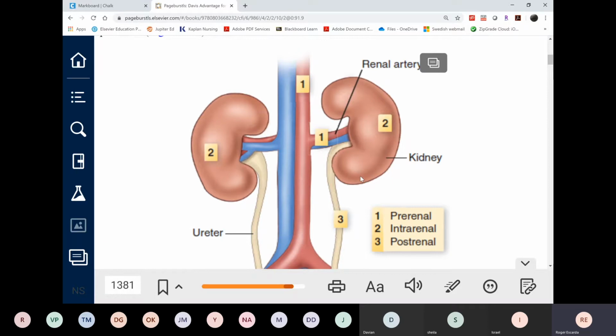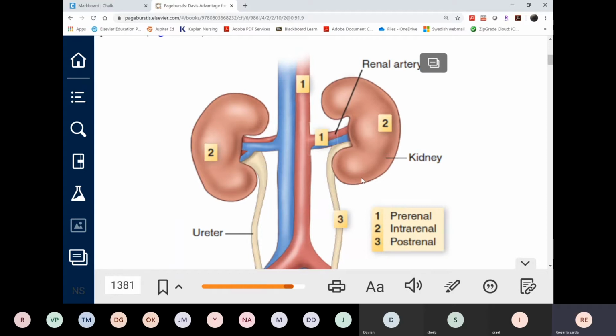Let's go now to intrarenal. So again, without looking at the list, I already mentioned IV contrast dyes. I didn't specify what nephrotoxic medications though. So what are examples of nephrotoxic medications? Aminoglycosides. Very good. The mycins are very nephrotoxic. What else?